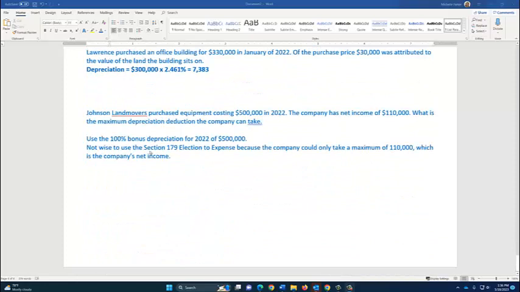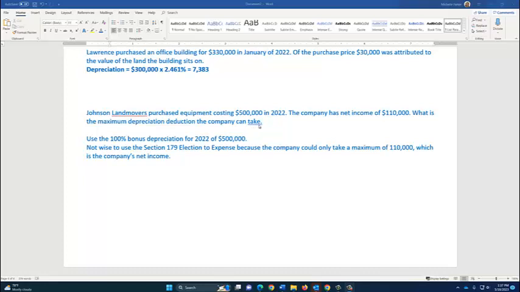So let's look at this next example. Johnson Land Movers purchased equipment costing $500,000 in 2022. The company has net income of $110,000. What is the maximum depreciation deduction the company can take?